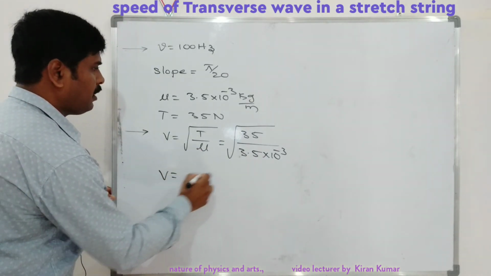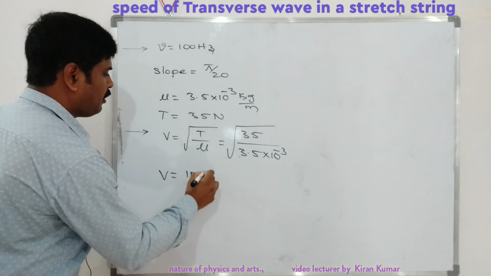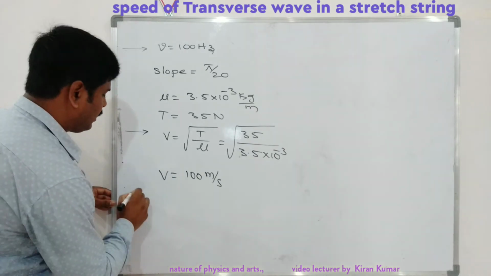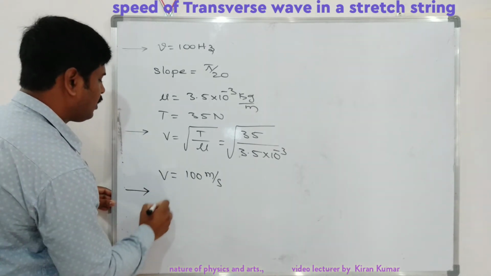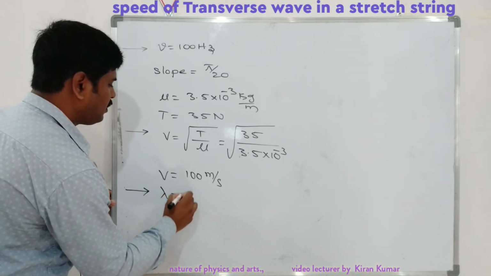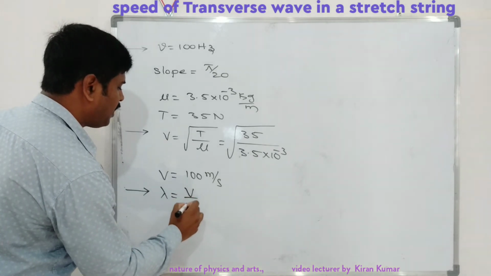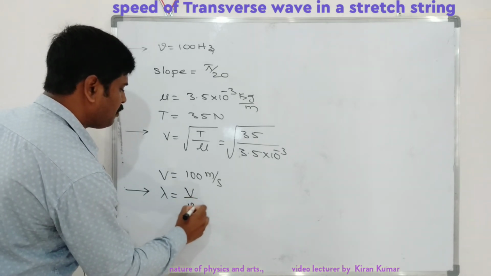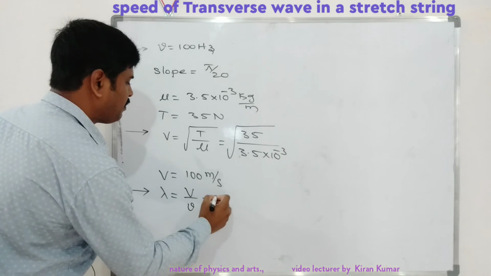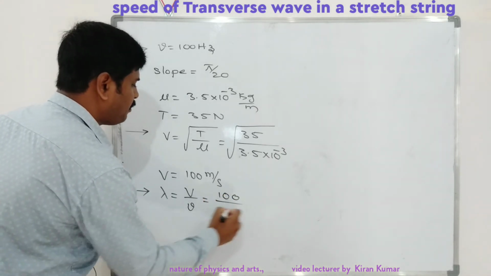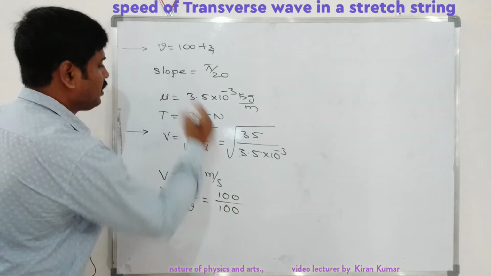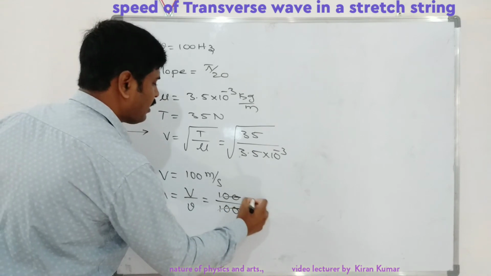Then velocity we will get is 100 meter per second. Next, lambda is the wavelength, which is equal to v divided by frequency nu. Velocity we got 100 divided by frequency also given 100, both get cancelled here.